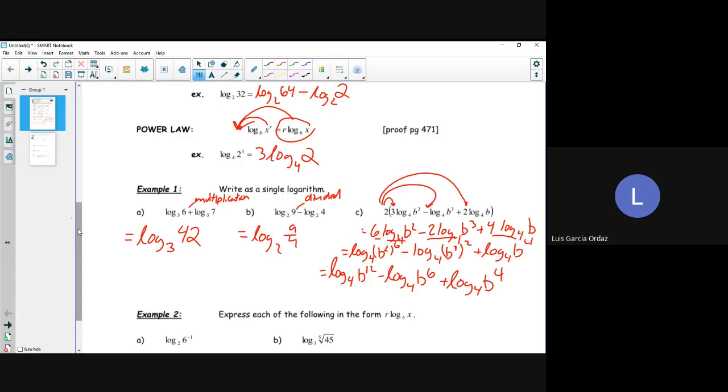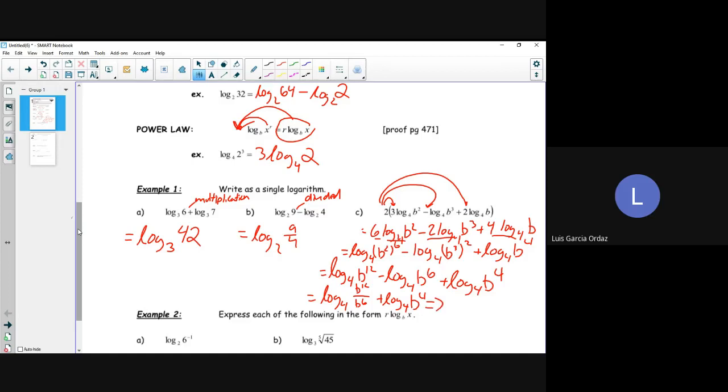So the first one we have subtraction, so we're going to divide the logs together. So we get log base 4 of b to the 12 over b to the 6 plus log base 4 of b to the 4.